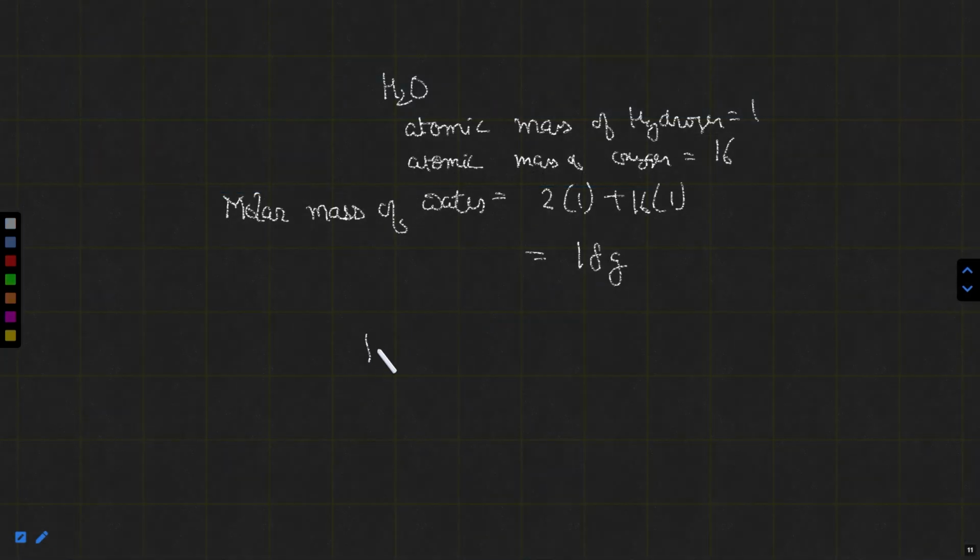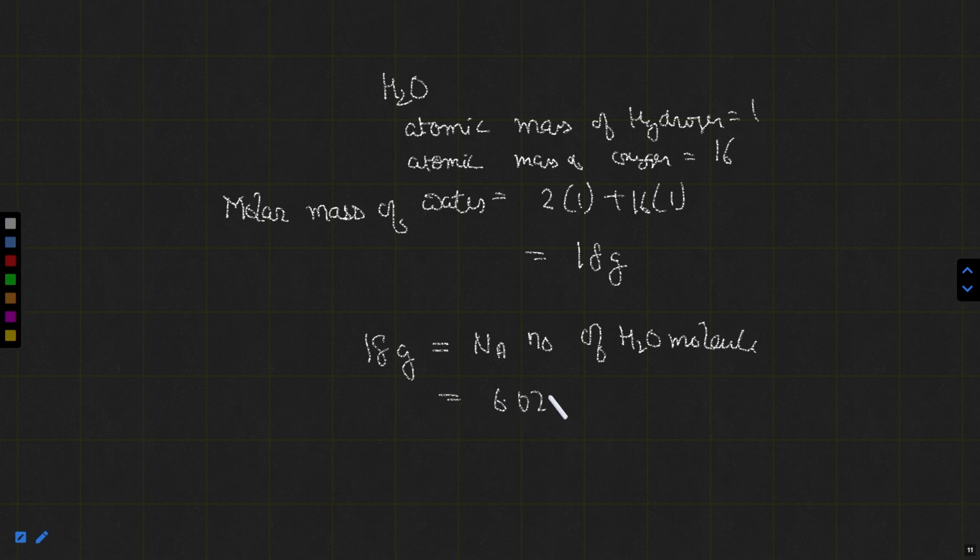So 18 grams contain 1 mole. That would give us Na number of H2O molecules. And what is that Na number? It is 6.022 x 10^23 H2O molecules.